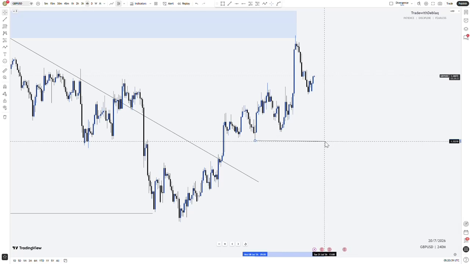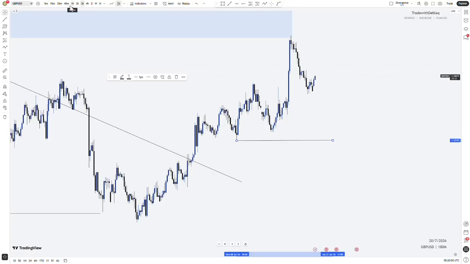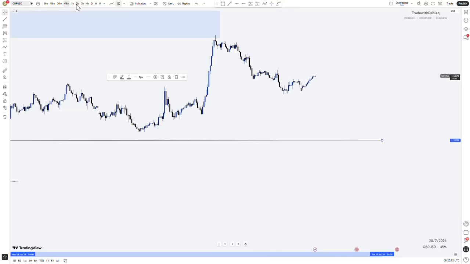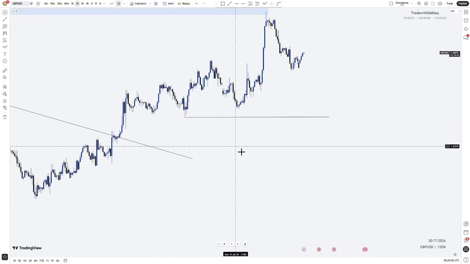And honestly, there's no CHoCH here, and there's no breakout structure here yet.